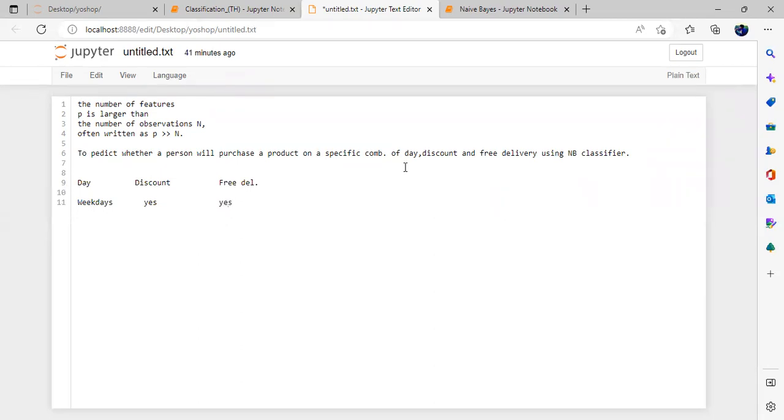The second is a weekend, where discount is no and free delivery is also no. So for example, this is the data. You have to find the probability of whether this person will buy or not buy.